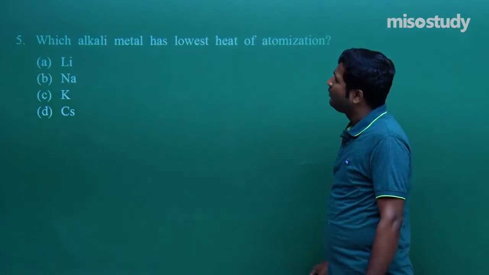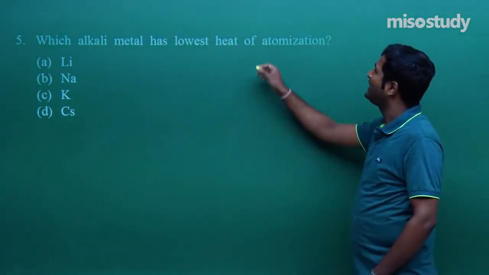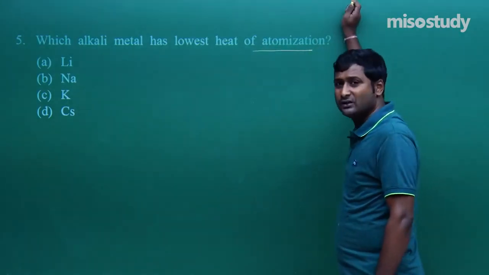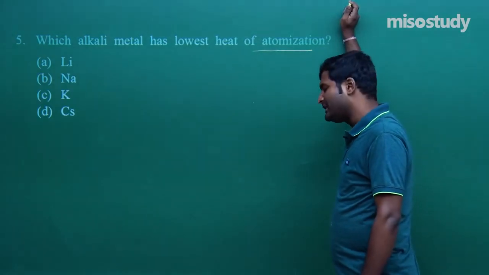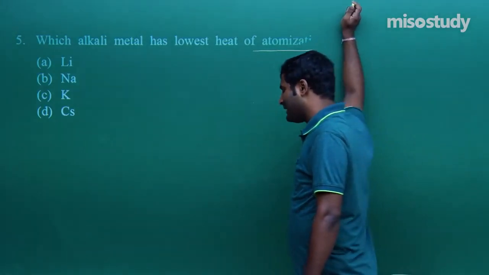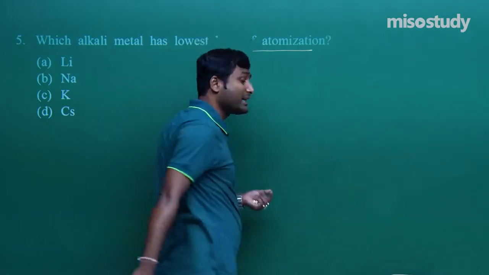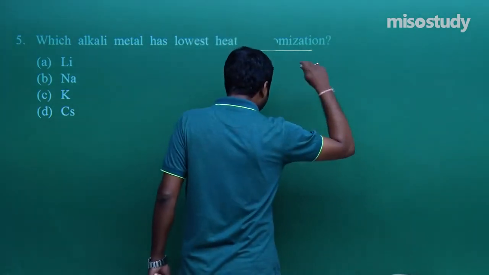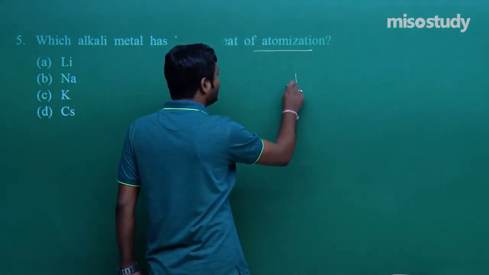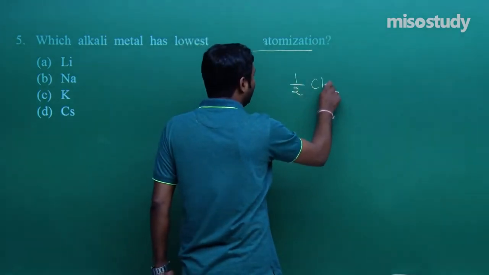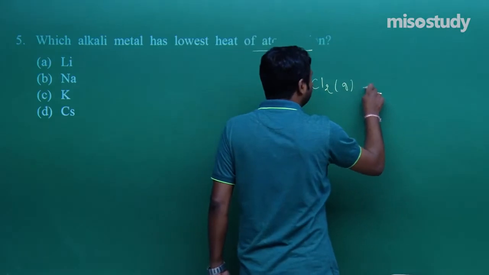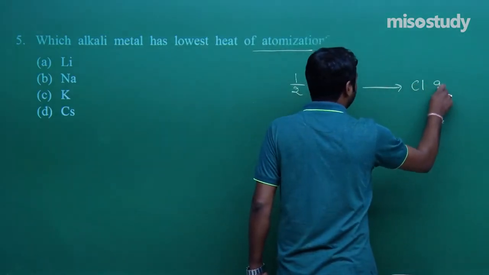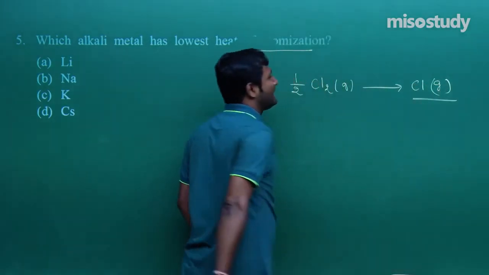Now the next question: which alkali metal has the lowest heat of atomization? The question is, what is heat of atomization? Sir, it is the heat change, or you can say enthalpy change, to convert any element in its standard form into the gaseous form, that is 1 mole of gaseous form.